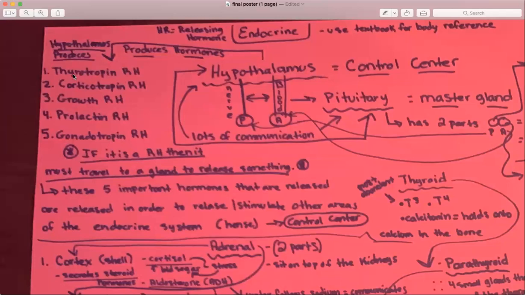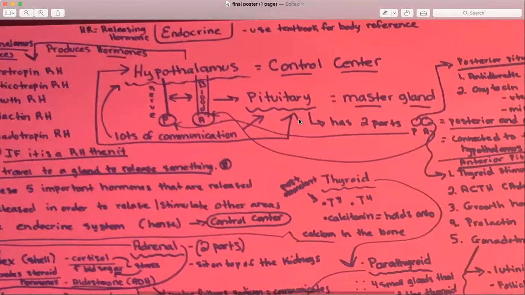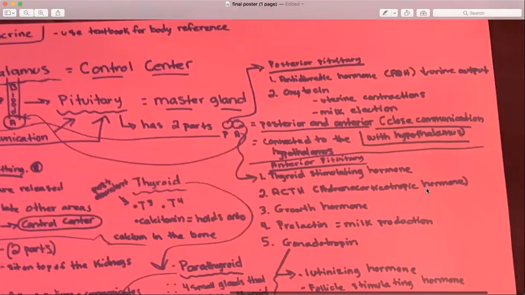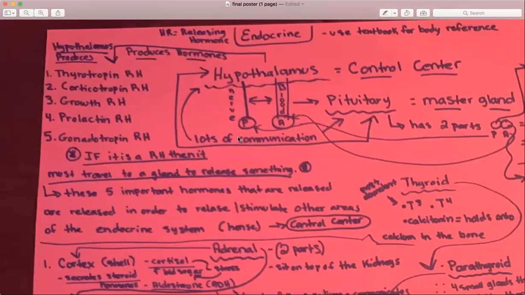The thyroid, sorry, I have a lot of trouble with this word, but it has to do with holding on to fluids, which we will get to. Growth hormone releasing hormone. Remember, releasing hormone means it's going to go somewhere so that it releases the hormone. Prolactin releasing hormone and gonadotropin releasing hormone.